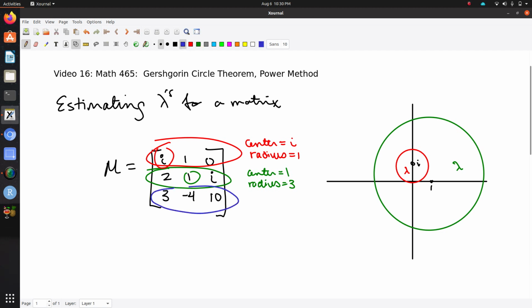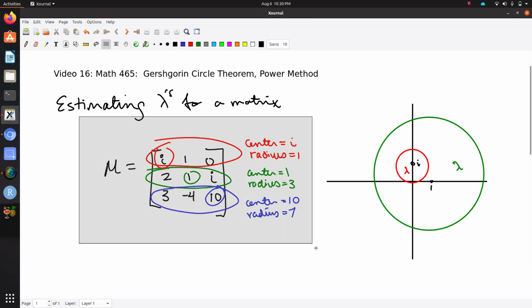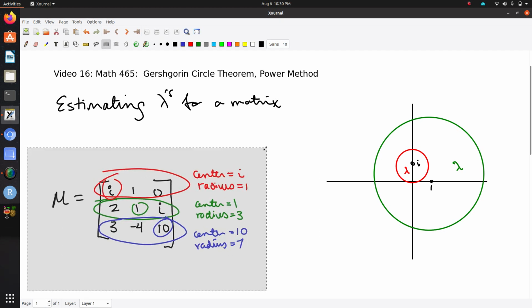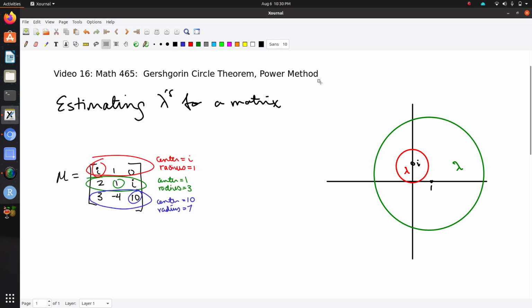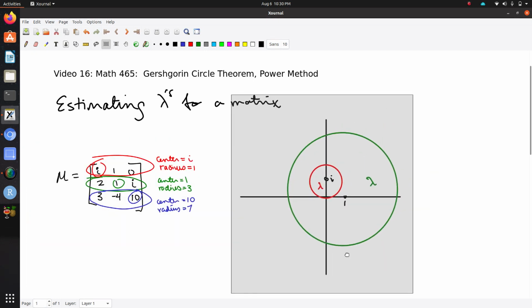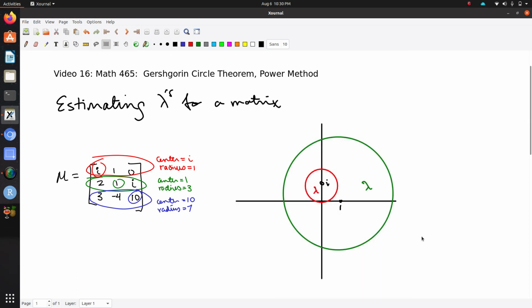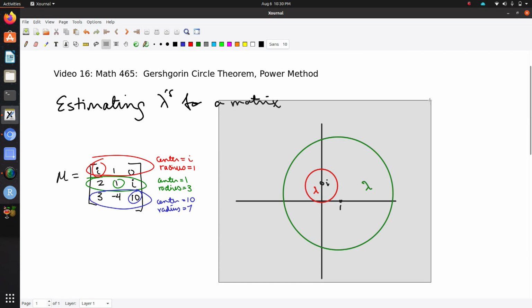And then the last center is at 10, and the radius is equal to 7. Okay, so that's a little harder to draw, so I'm going to try shrinking this guy down. Let's see if I can put this over here. What would it look like at the center of 10 and a radius of 7?